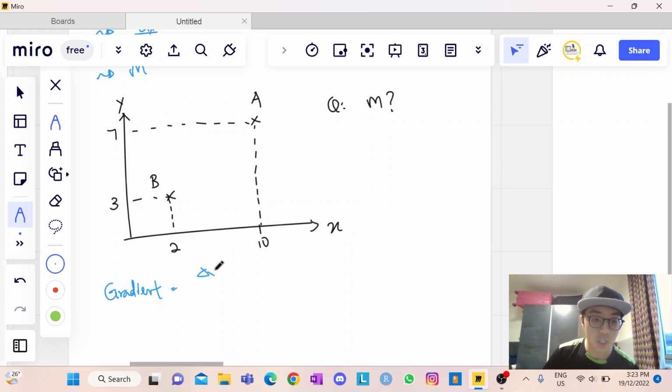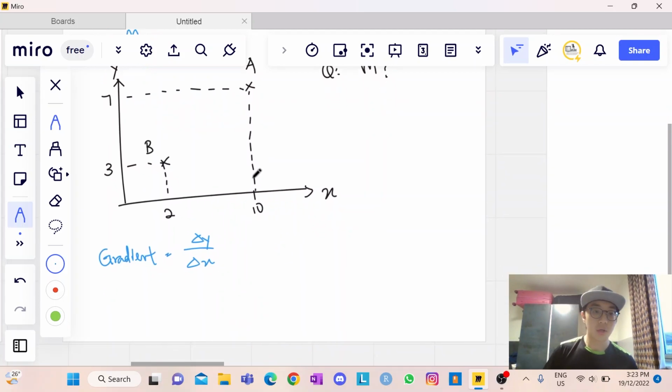What is the coordinate of A? The coordinate of A is 10 and 7, with the x coordinate first, then the y coordinate. After that, B is 2 and 3.